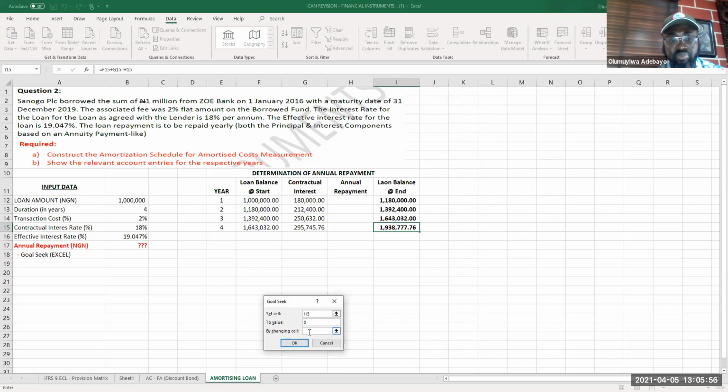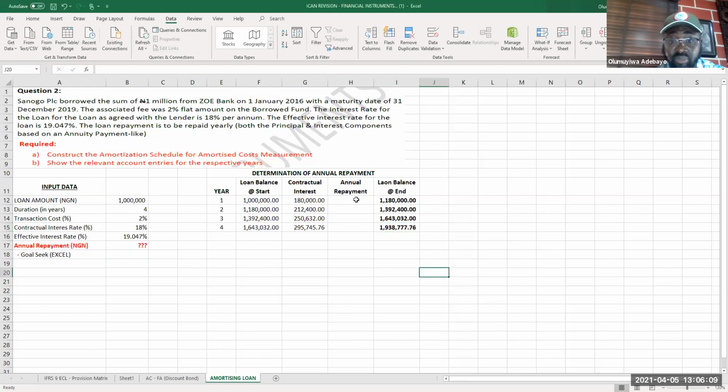What will influence it to be 0 is the amount I get here in the form of my annual repayment. But because I've not linked it, I'll not get any results. I'll now say my annual payment is what I derive here.